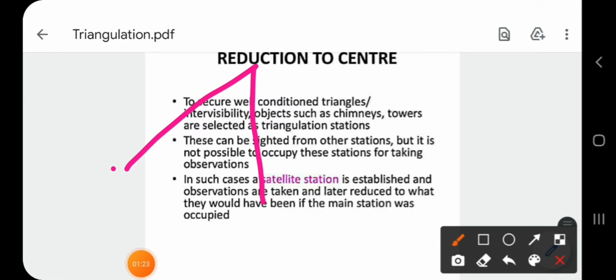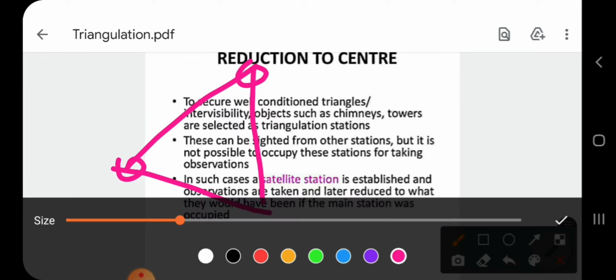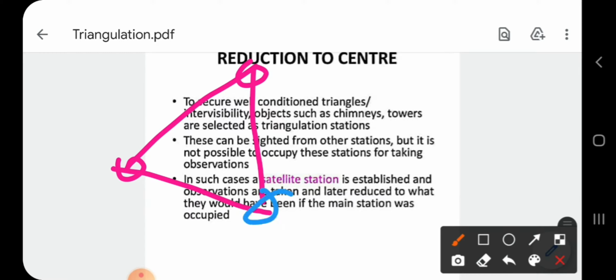Suppose this is our triangulation. Already we fixed two other points, and for obtaining a well conditioned triangle we are selecting a new station. But for getting this exact point, we have to keep our signal over a higher point, such as our church top.